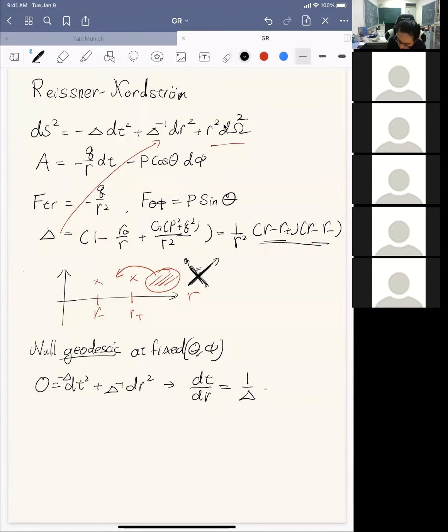But as you go closer and closer to r plus, the first divergence, this light cone is closing up. So you want to find a new coordinate system such that the light cone always maintains 45 degrees. That's basically the Eddington-Finkelstein coordinate.